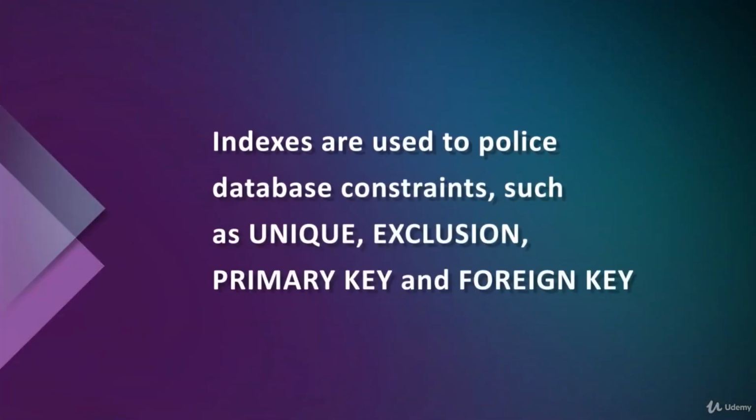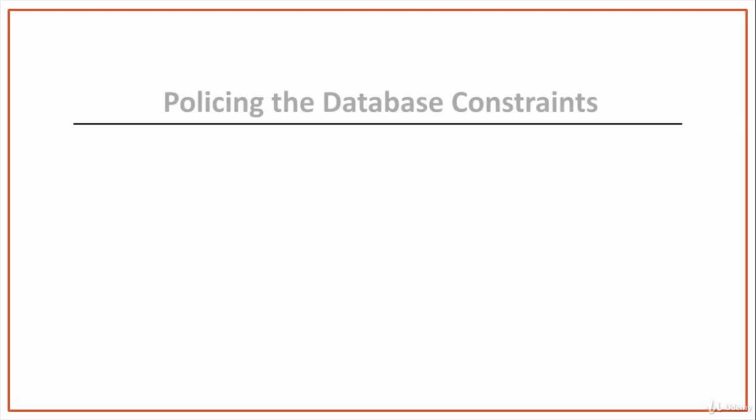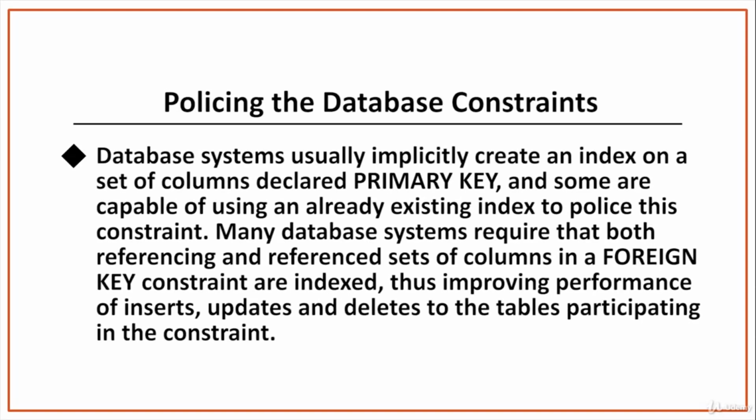Indexes are used to police database constraints such as unique, exclusion, primary key, and foreign key. An index may be declared as unique, which creates an implicit constraint on the underlying table. Database systems usually implicitly create an index on a set of columns declared primary key, and some are capable of using an already existing index to police this constraint.